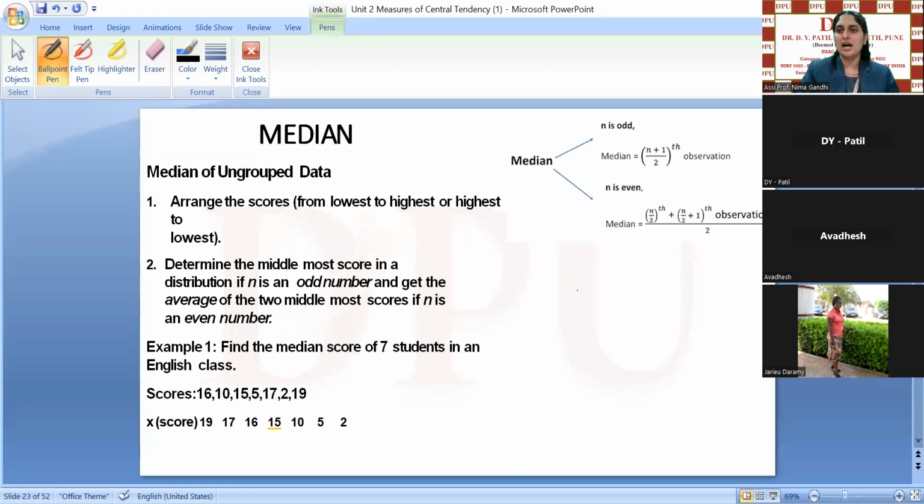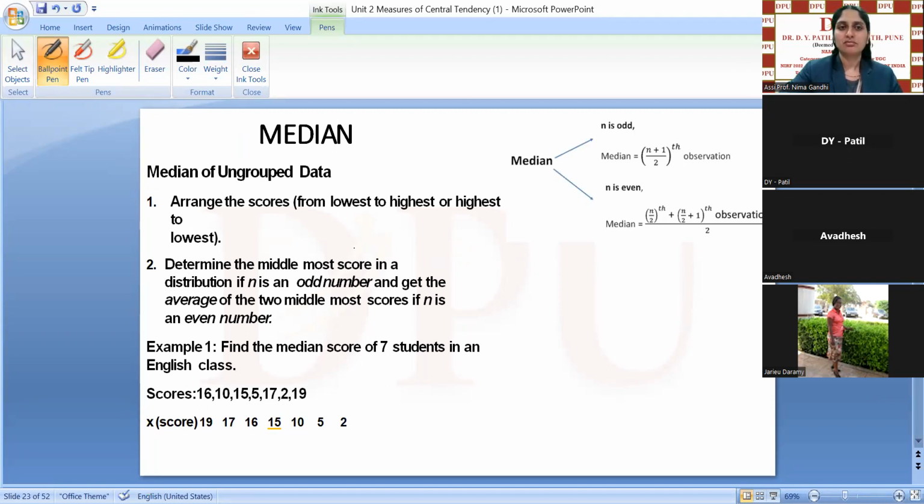It means when you have individual observations, just a series of observations like this. In this example, the scores are 16, 10, 15, 5, 17, 2, and 19. If these observations are odd in number, you have a different formula for calculating the median. And if these observations are even in number, you use a different formula for the calculation.